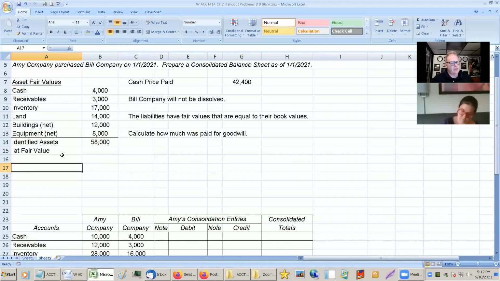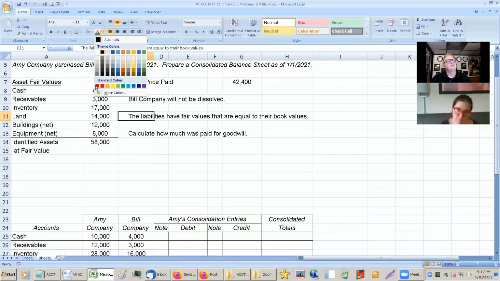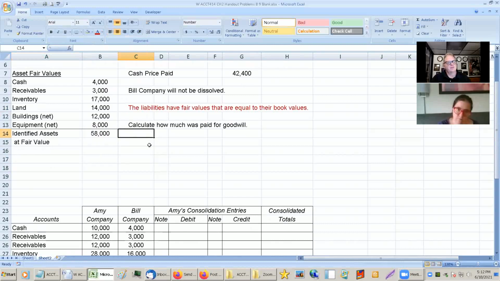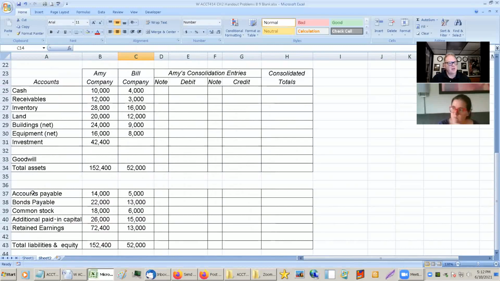All right. So these are the assets at fair value. So those are what they're really worth, the ones we identified. We also have these liabilities that are on the books at their book value.